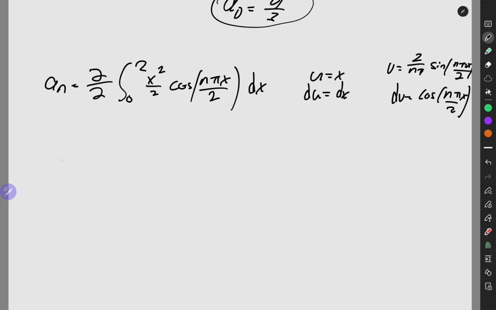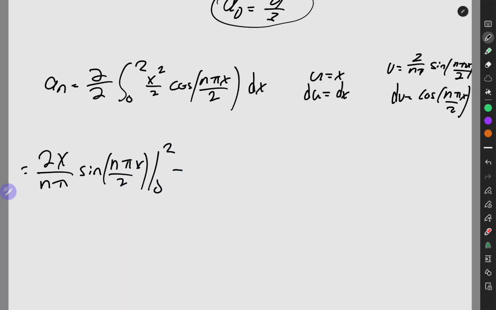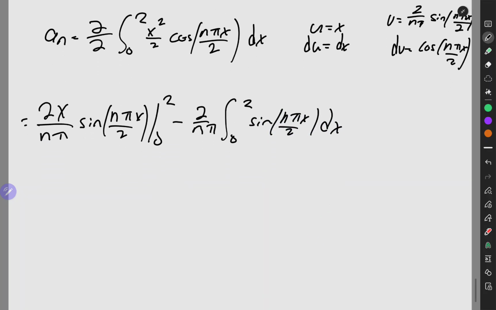So we have UV minus integral V du. I'm going to pull this out. dx. Okay.